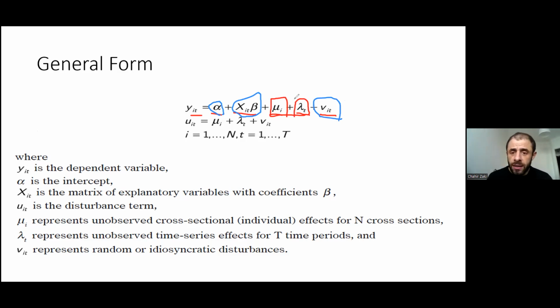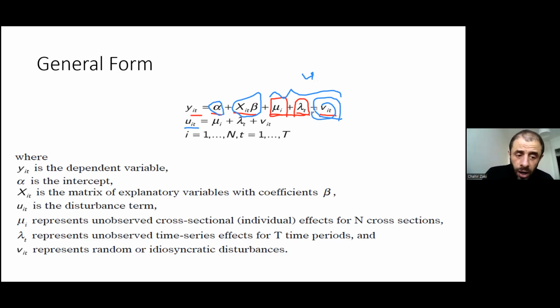In a classical OLS model, these three terms are combined together under an error term that we call u. So in a classical OLS model the error term will be u, but in reality it can include three components: the mu i, the lambda t, and a nu it, which is this last one.